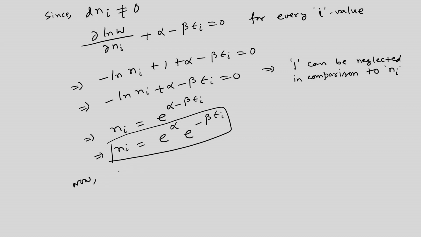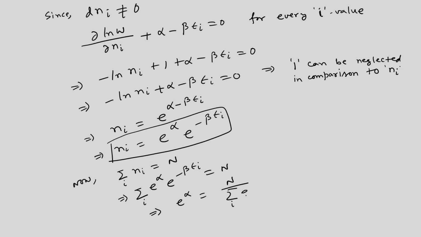Now, sum over i n_i is nothing but the total number of particles N. So, we can write sum over i e to the alpha e to the minus beta epsilon_i is N. So, we get e to the alpha is N by sum over i e to the minus beta epsilon_i. So, this is the value of e to the alpha we have got.